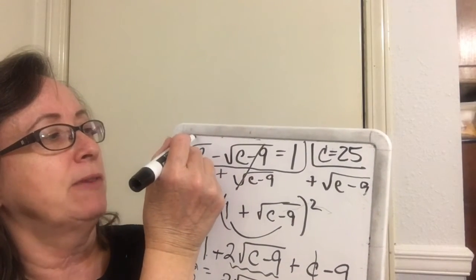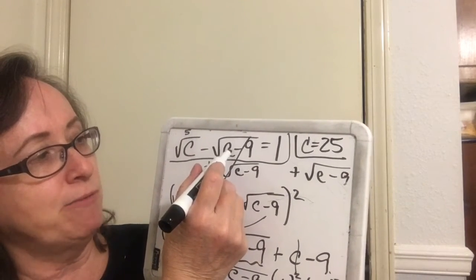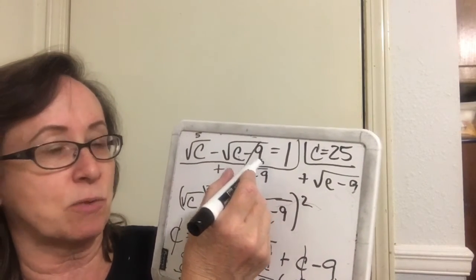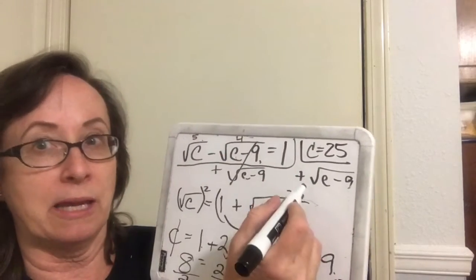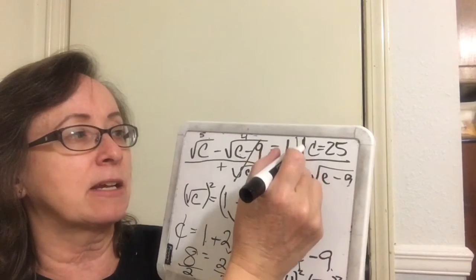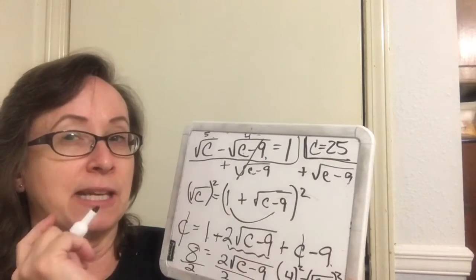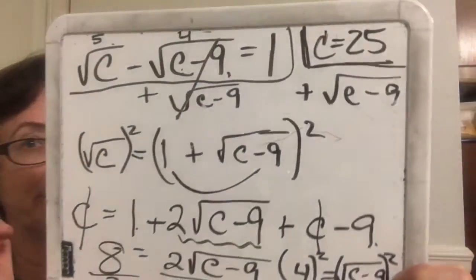The square root of 25 is 5. And then 25 minus 9 is 16. The square root of 16 is 4. Is 5 minus 4 equal to 1? It is. So c is 25 is a true solution, not an extraneous solution.